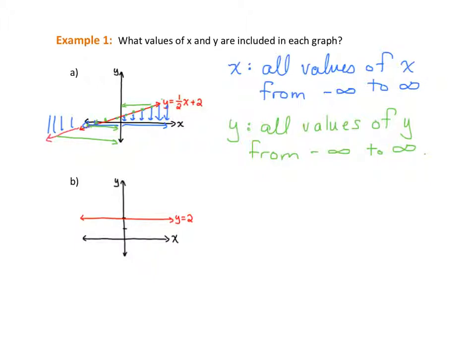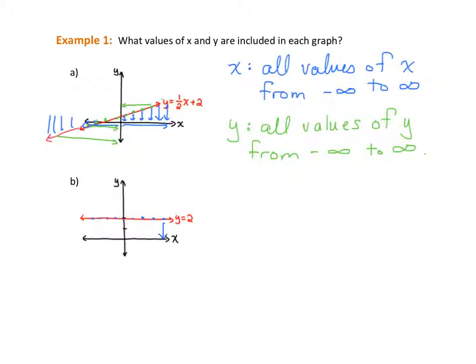We're going to look at the official symbolic way of writing domain and range in the next example. But first of all, we're just practicing how to identify them. So looking at example B, let's identify the x values included. So again, imagine a whole bunch of points on this line. What are the x values of these points?